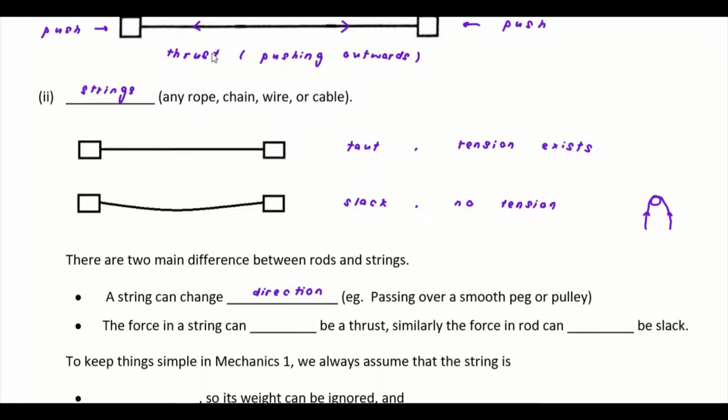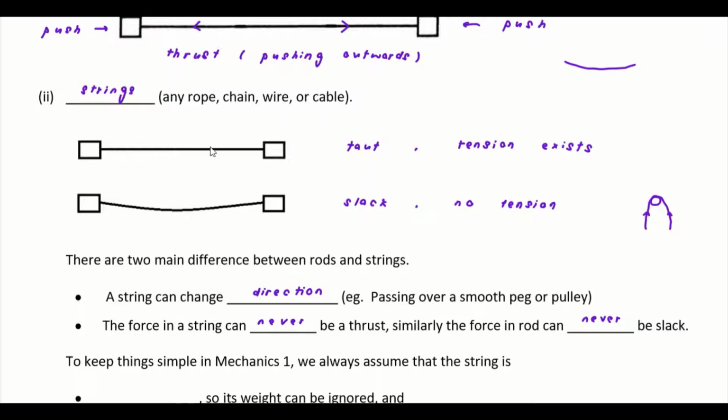But this one is a rigid connector, so you cannot stretch it or reshape it. The force in the string can never be thrust. Similarly, the force in a rod can never be slack, because the rigid connector will not loosen. You get what I mean?